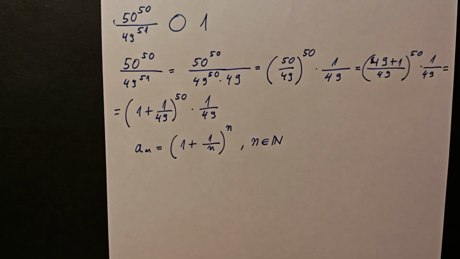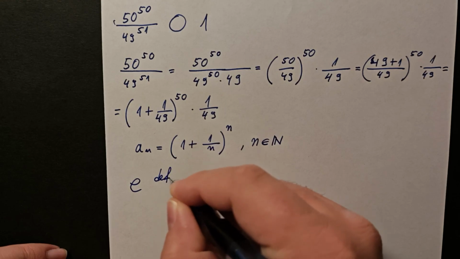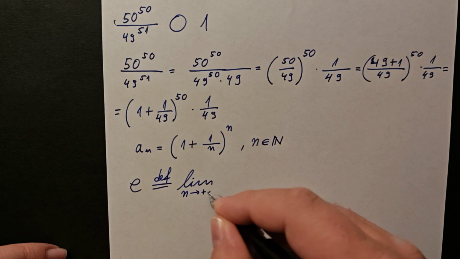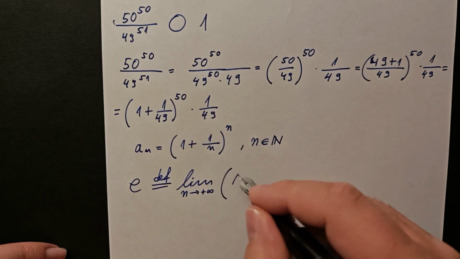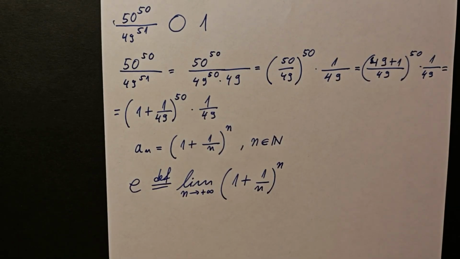This sequence, as you know, is used to define Euler's number e. So e is defined as a limit when n approaches infinity from the positive side of 1 plus 1 over n raised to the power n.